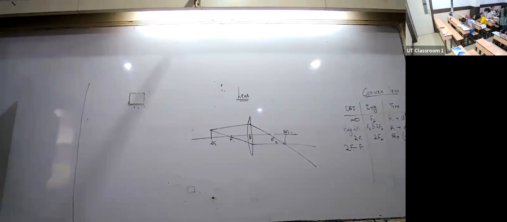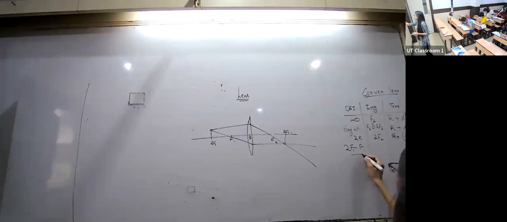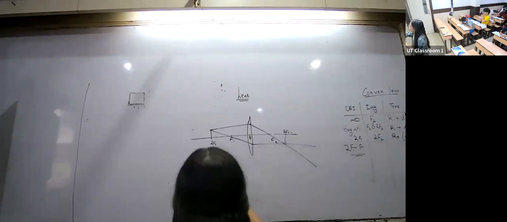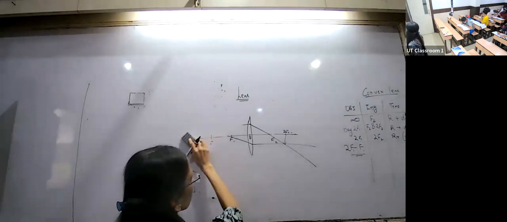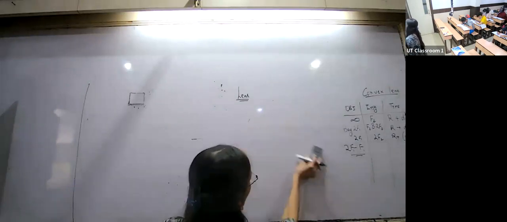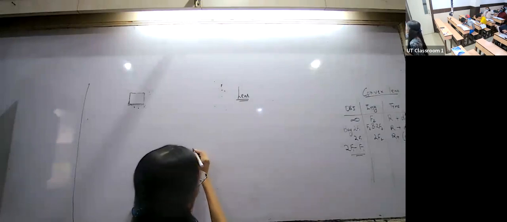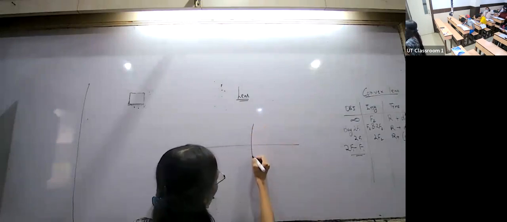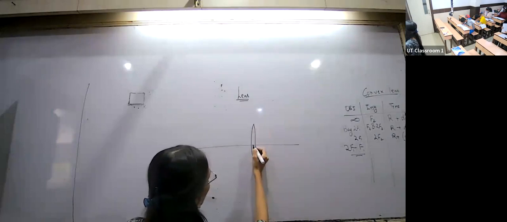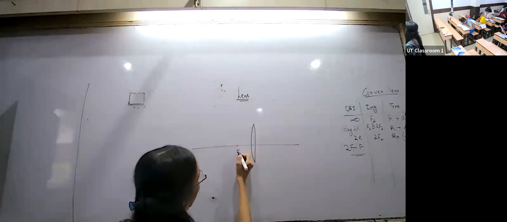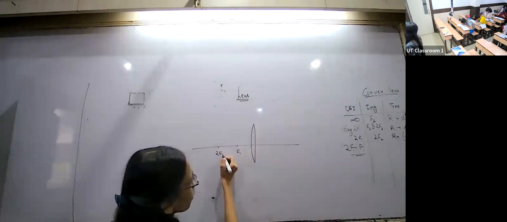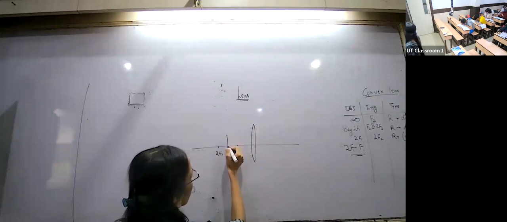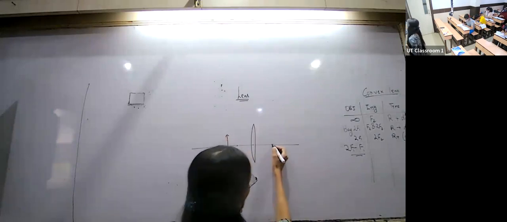Is this the third one? No, this is the second one. What about the third one? Let me just put it on. So now I am moving my object even closer. So now my object is between F and 2F. The object has been brought even closer.